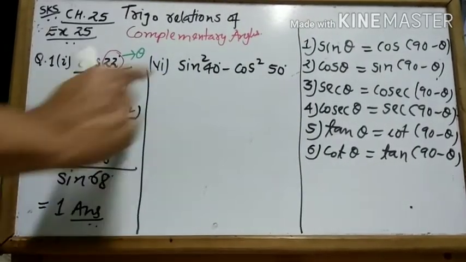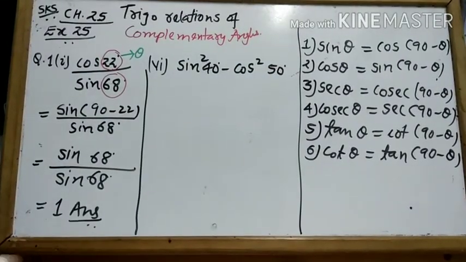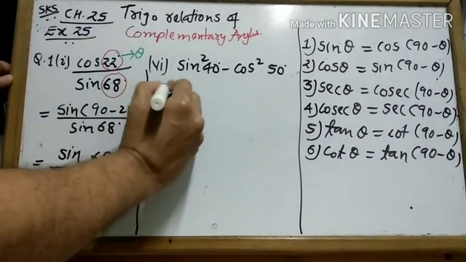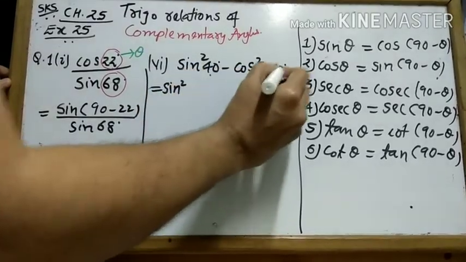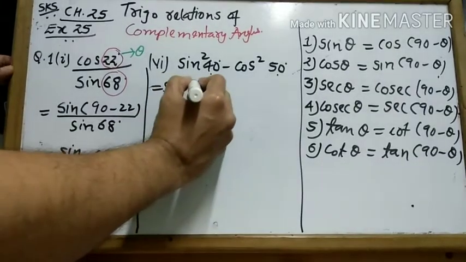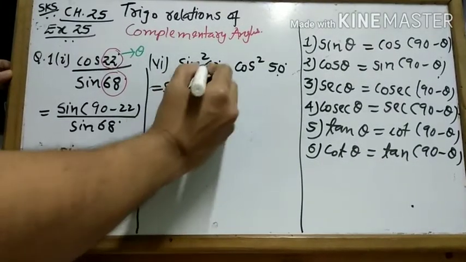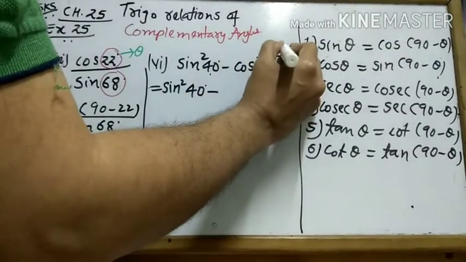Now, I have been given sine square 40 degree minus cos square 50 degree. I have to simplify this. As we discussed just now, 40 degree and 50 degree, if I add them up, make a sum of 90 degree. They are complementary angles. I am keeping sine square 40 as it is, and I am converting this. I am considering this as theta.